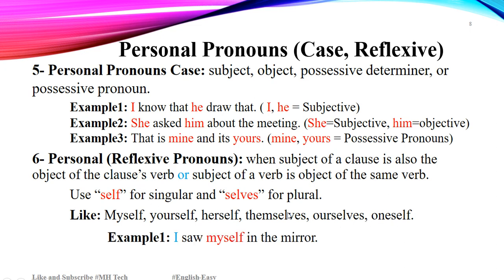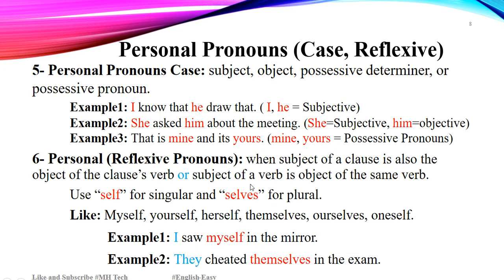Go to an example: I saw myself in the mirror. So here I and myself, the action is for the same verb, for example saw. I and myself are the same action.